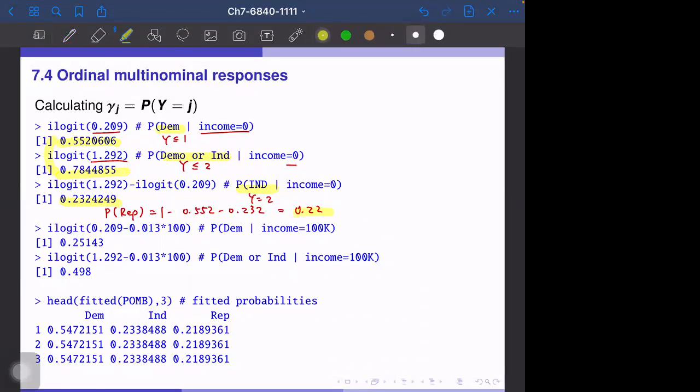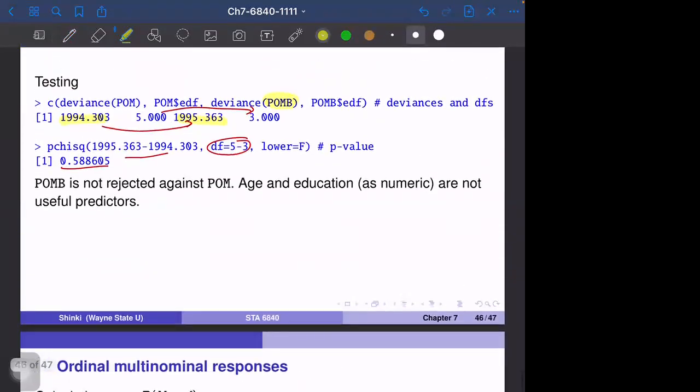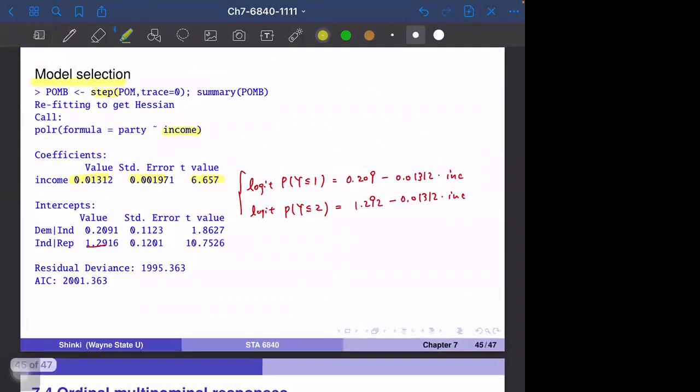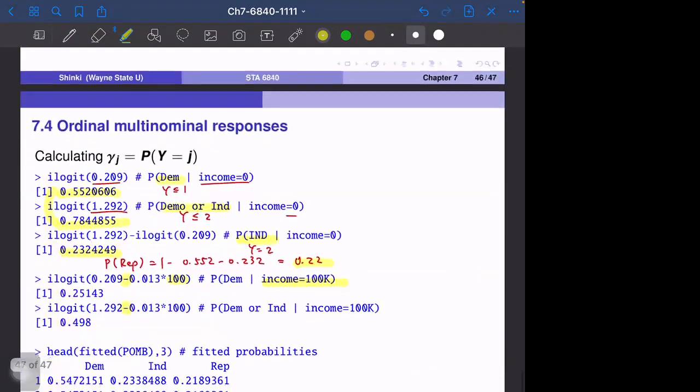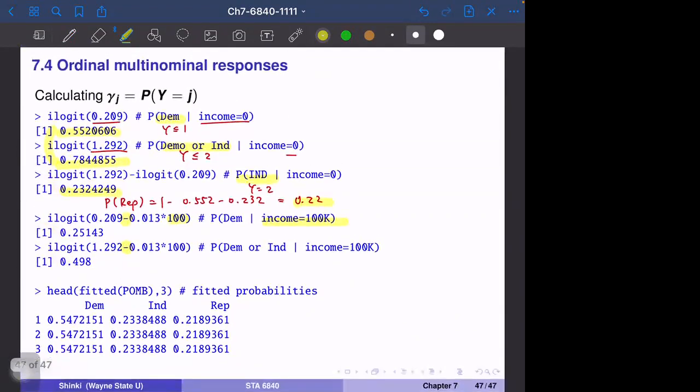The second case is when income is $100,000. So we multiply by 100, and just be careful that we have to put a negative sign because that is the model. The estimated coefficient is positive 0.01312, so we have to subtract that times x, minus beta x.